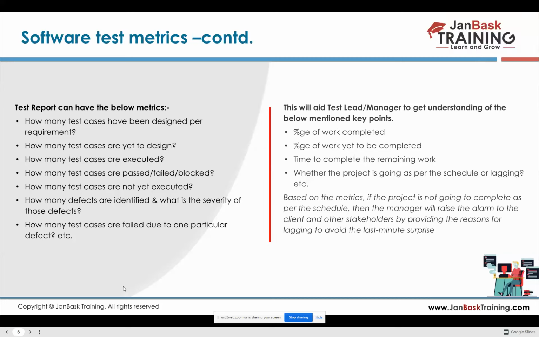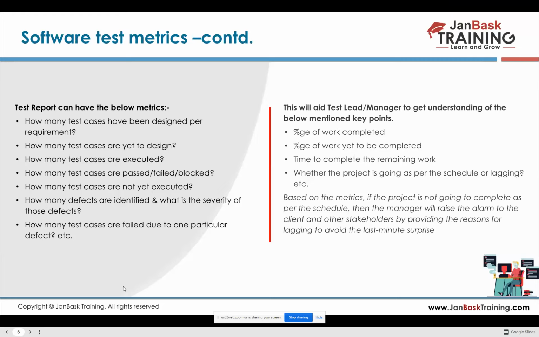So that means the overall schedule or timeline of the project is lagging. It's not going as per the schedule, if you have waited for 15 days and you have not been able to start the testing of the project, or the execution of the test cases.